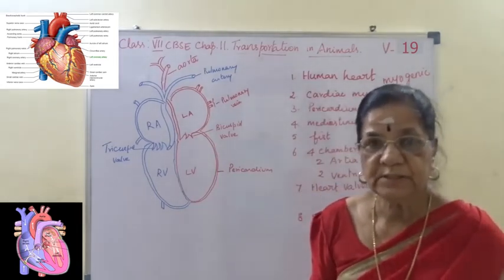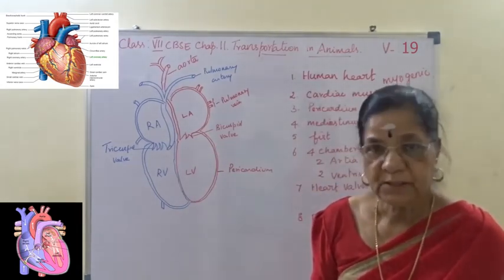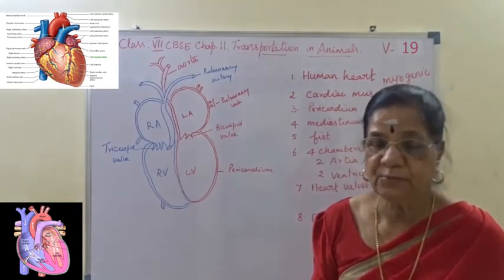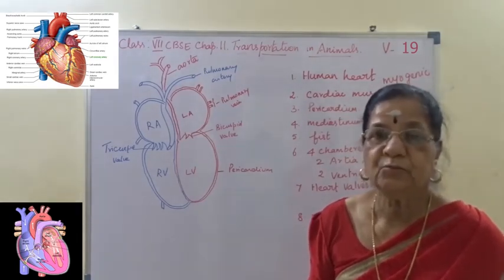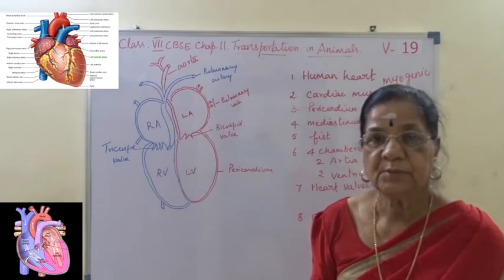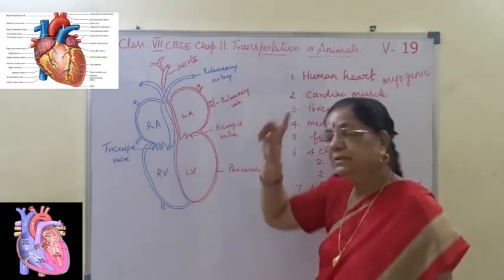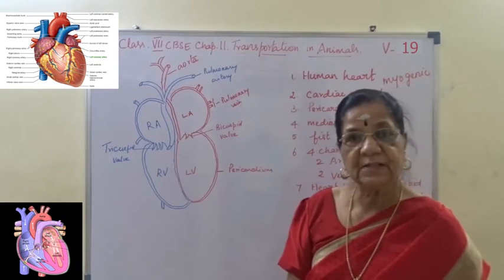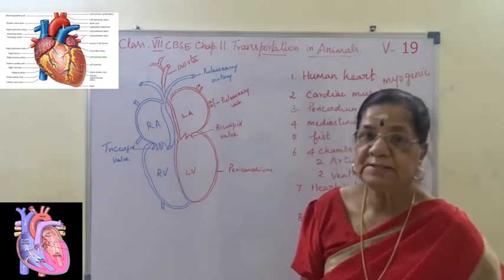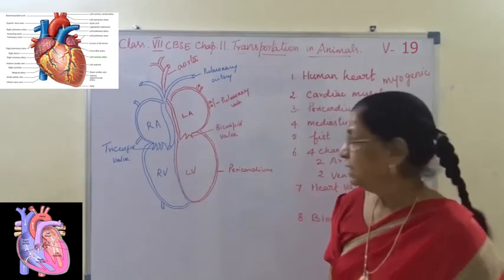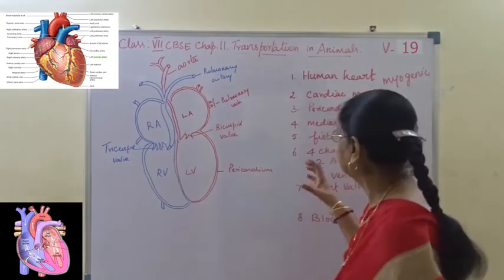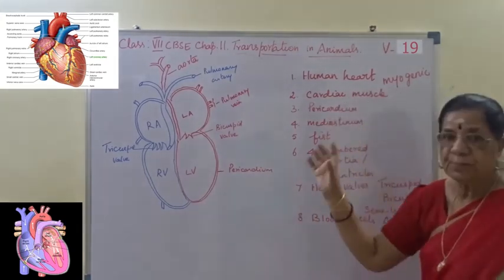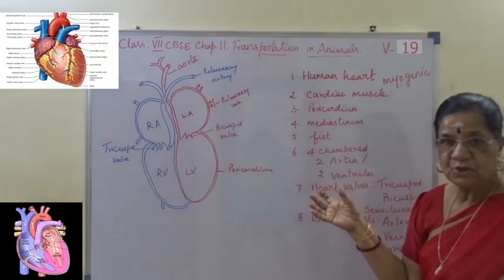The space between the two pericardial membranes is filled with pericardial fluid. I hope you are able to follow this. Same way, the lungs are covered by pleura. Now this pericardium protects the heart as a shock absorber.